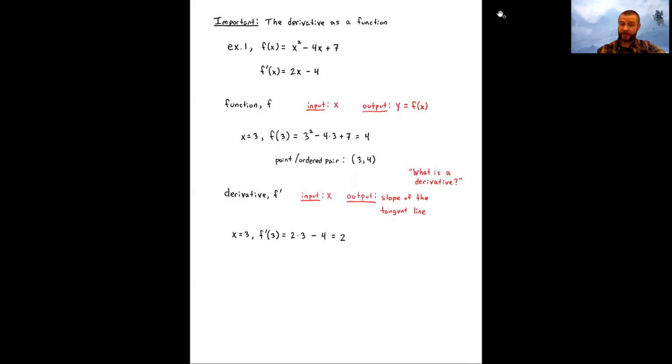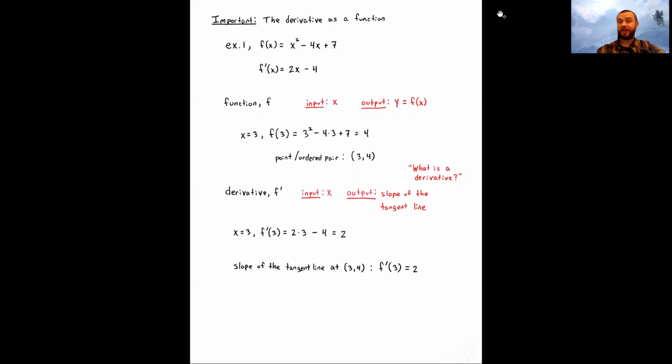Now, how we give an interpretation to this is we plug in the x-coordinate 3. The output that we get from the derivative, f prime, 2, is interpreted as the slope of the tangent line at the point with x-coordinate 3.